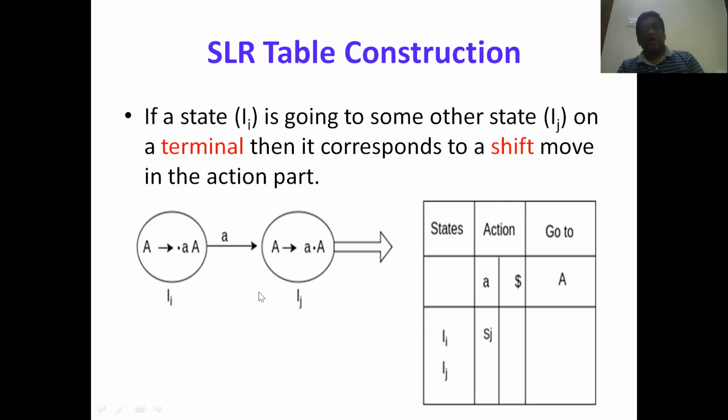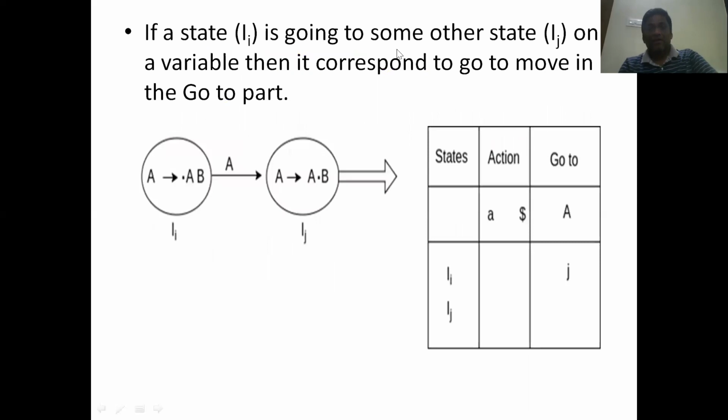So if any state has a transition on a terminal, it represents the shift operation, and you need to fill the table by using this formula. And if you have a variable as transition, then you fill it into the goto part.